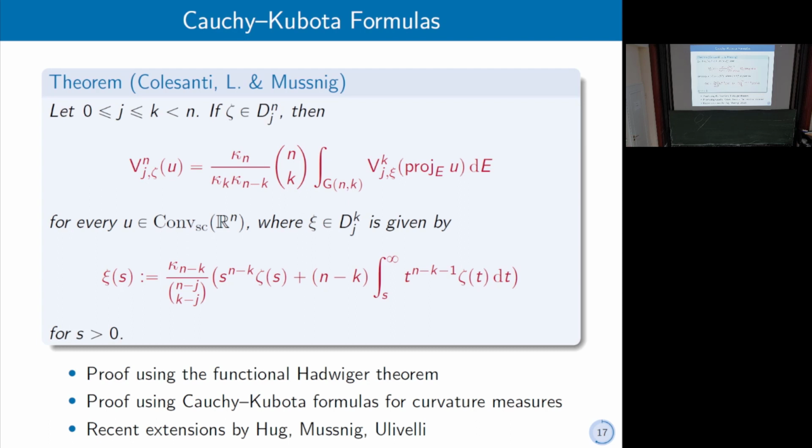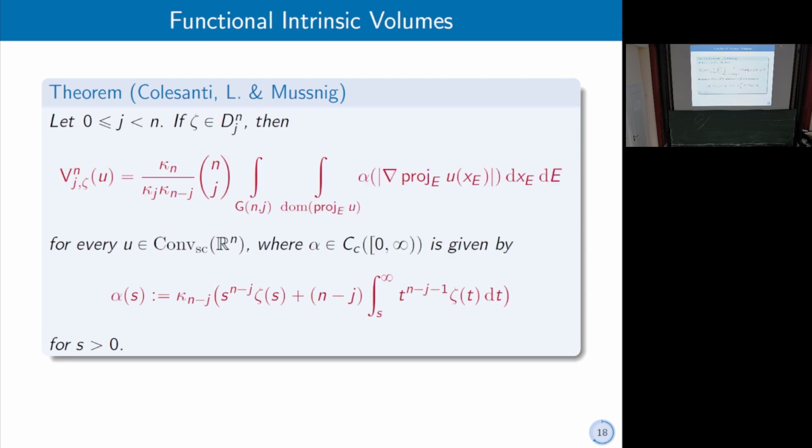Okay. And another remark: you can use this, if you just put j equal to k and use the characterization we had before for valuations that are n-homogeneous of degree n, to get an explicit formula for this functional intrinsic volumes that works for all functions at the same time, and you don't have to distinguish between smooth and non-smooth functions.